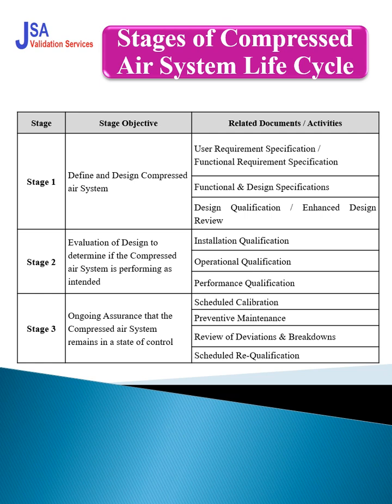Then the review of deviations and breakdowns with respect to the compressed air system, any deviation in the past 1 year or 6 months, a quarterly review of the deviations and breakdowns specifically for the compressed air system. And then schedule requalification after 6 months or 1 year as per the company policy, it should be periodically qualified, and it should be once in a year. That is the minimum requirement.